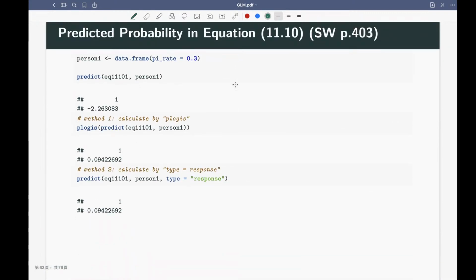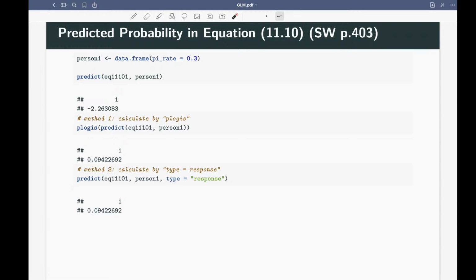Okay, and next is a prediction for the probability. For the PI ratio of 0.3, you can see here the PI ratio equal to 0.3. We can also use the P-Logit method, which is the CDF of the logistic distribution.